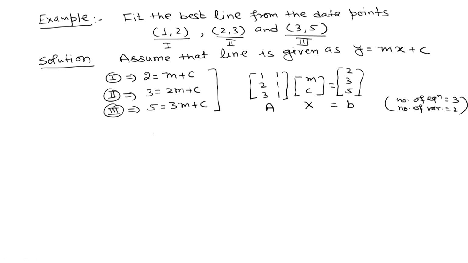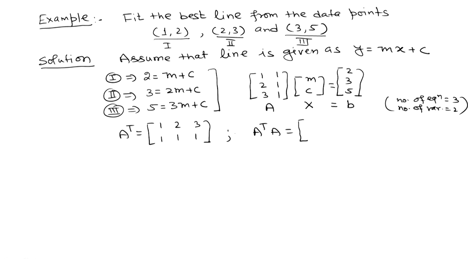So, now use the least square approximation technique. So, first I will calculate A transpose. So, A transpose will come [1 2 3; 1 1 1]. So, once I calculate A transpose, then I will calculate A transpose into A, which will be a 2 by 2 matrix.